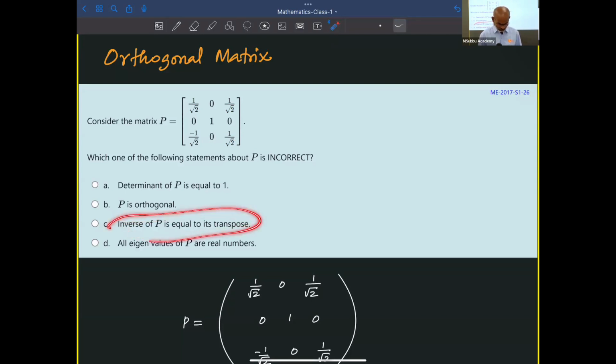Of course, this is a requirement for an orthogonal matrix. This statement is correct, and this statement is automatically correct: inverse is equal to its transpose. If this is correct, this is also automatically correct. But we need to find the incorrect statement. So if one is verified, we need not worry about the other, and we have to look at the eigenvalues, whether they are real numbers or complex numbers. At least this we can easily do.